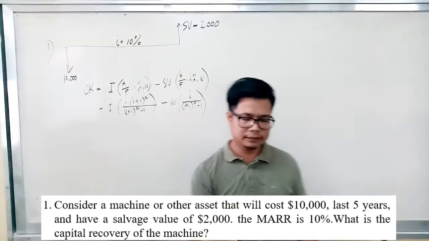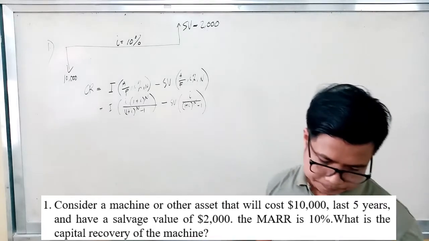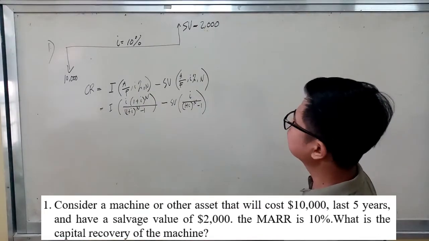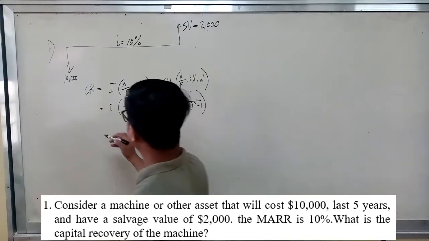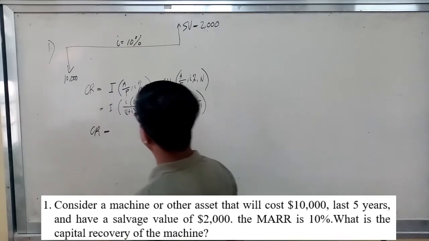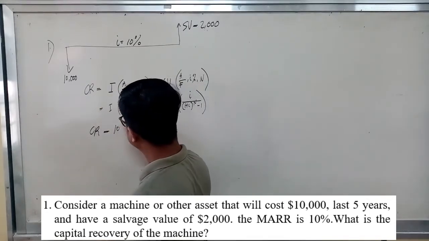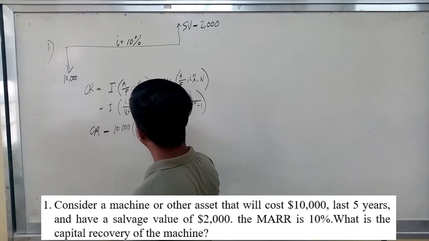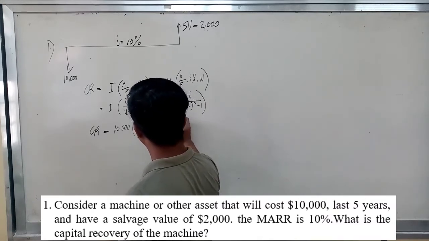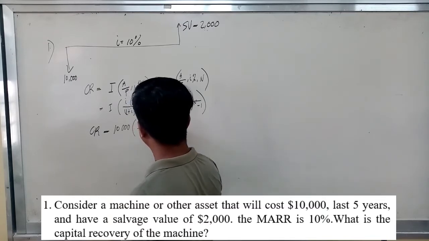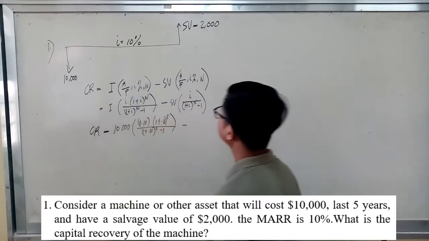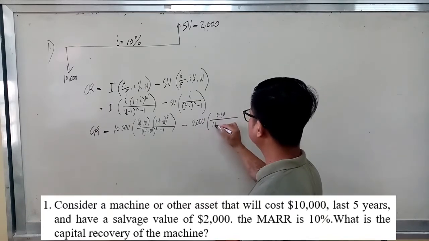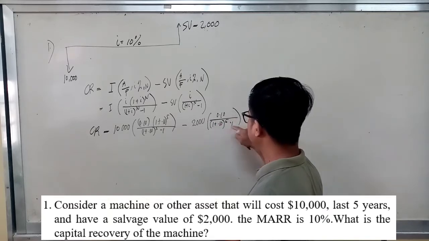So, importante, alam natin yung kanyang future worth, okay? So, what is the capital recovery? Capital recovery is equal to 10,000 times 0.10(1 + 0.10)^5 divided by (1 + 0.10)^5 minus 1, minus 2,000 times 0.10 divided by (1 + 0.10)^5 minus 1. Okay?